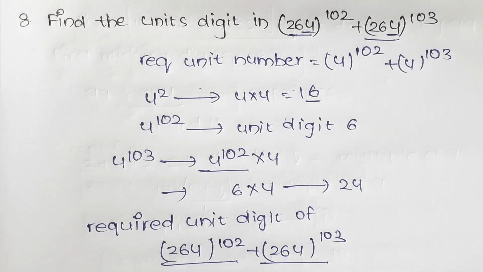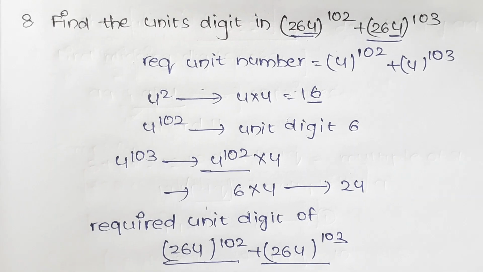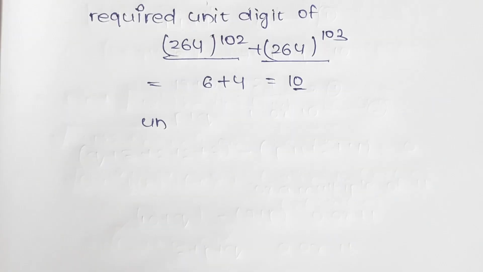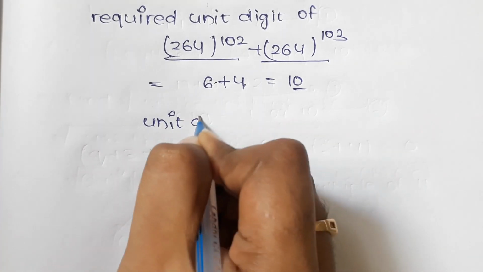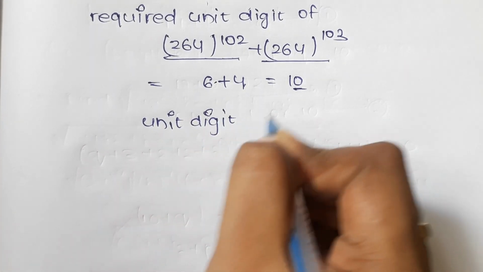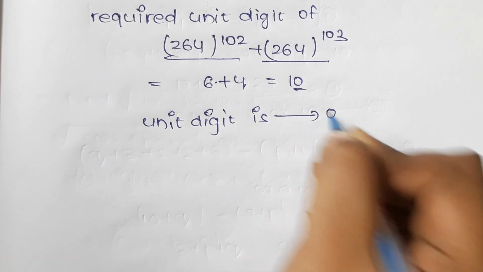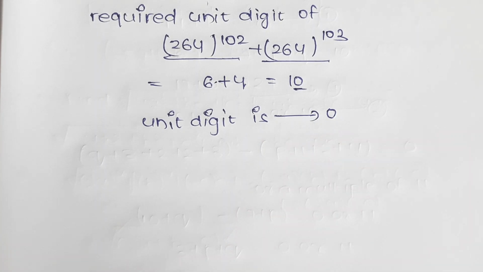And finally we will get unit digit as 6 plus 4 is 10. Unit digit is 0. And the required number unit digit is 0. And this is one of the models.